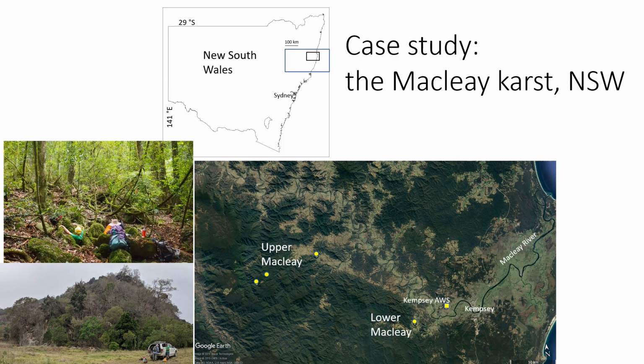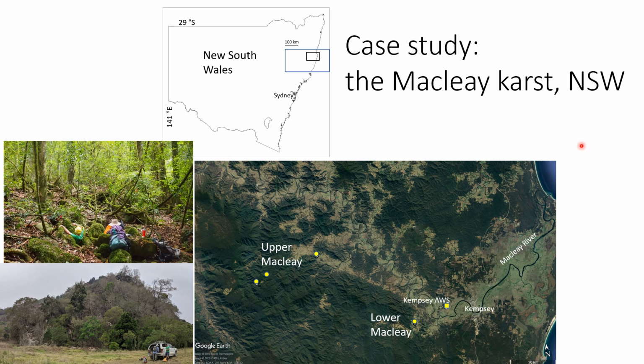I'm going to give a case study, and the case study is from the Macleay karst of the mid-north coast of New South Wales. That's shown in this smaller inset box here. So the inset box is the same as this Google Earth image.